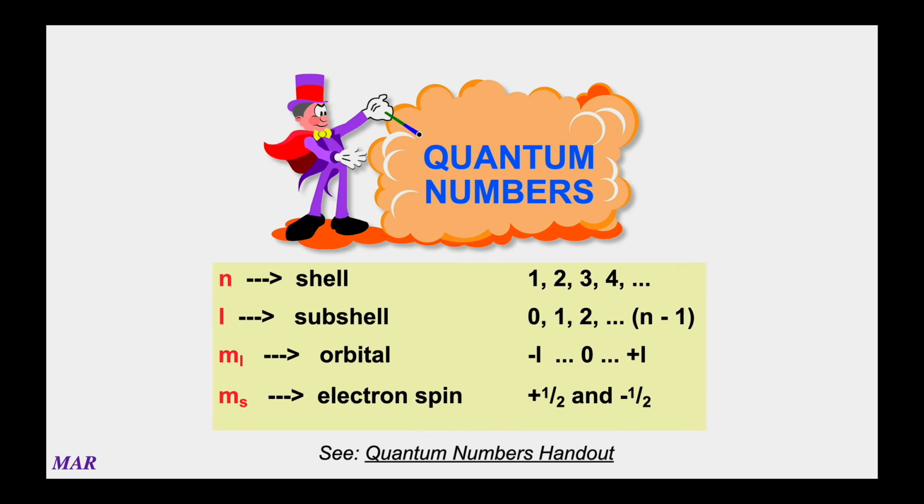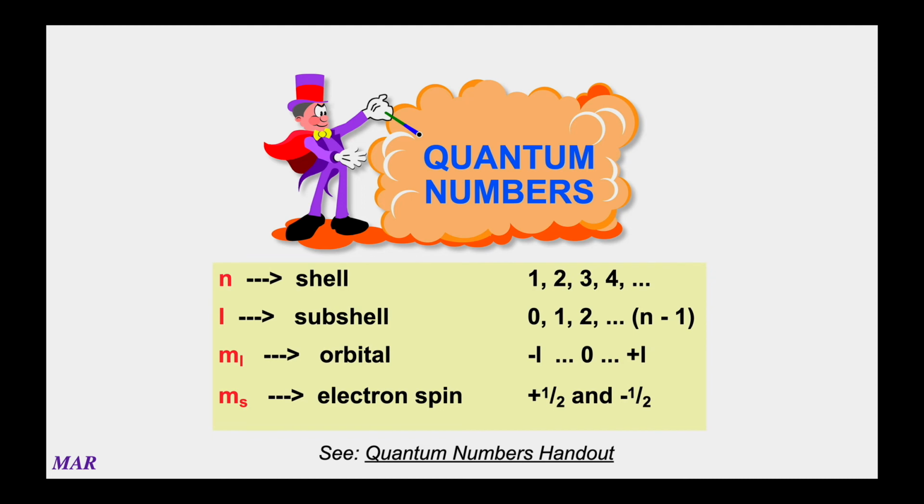L goes up to n minus 1. But if n equals 2, then l will be equal to 0 and 1. There are two possibilities, so you'll have multiple subshells in a given shell under the right circumstances. This is similar to how you can have multiple houses on the same street, I guess.